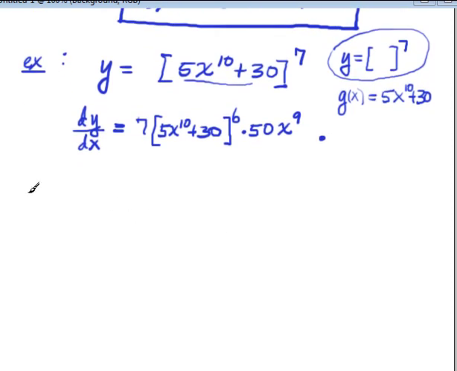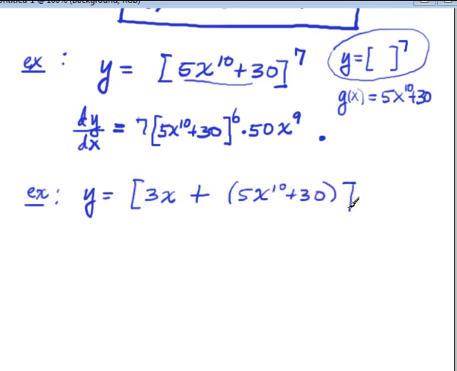Okay, here's our second example. All right, so here we have y is equal to the bracket 3x plus (5x to the 10th plus 30) to the 7th, all to the exponent 10.